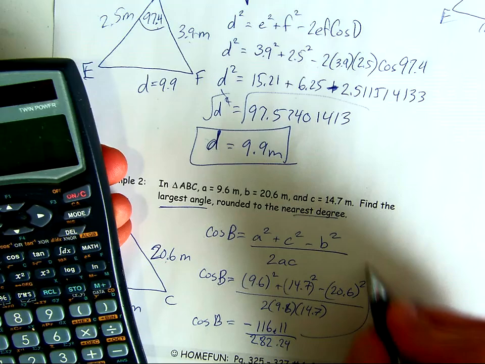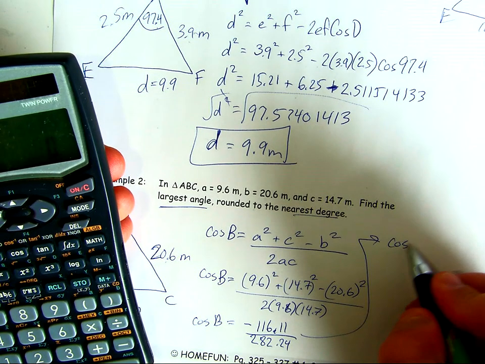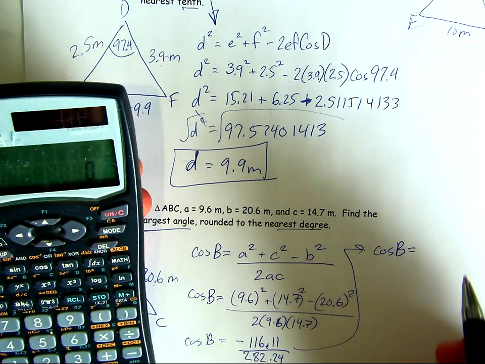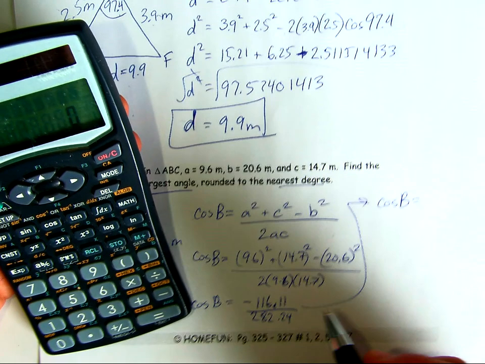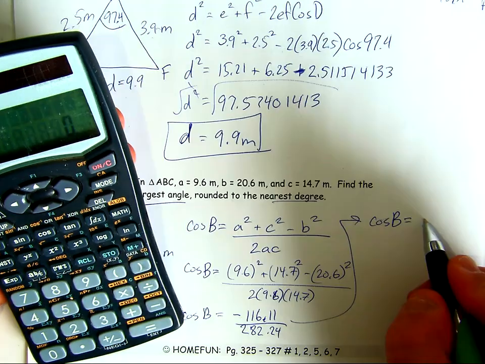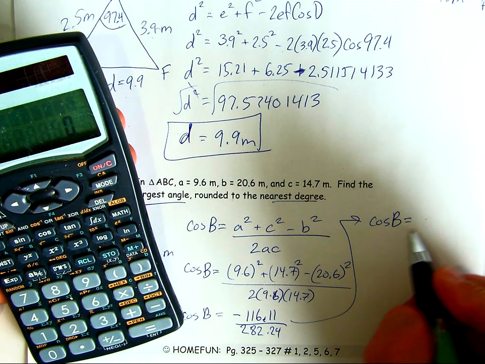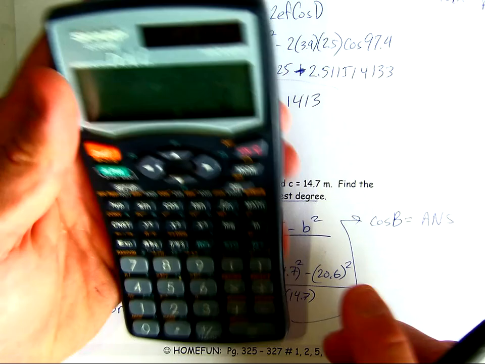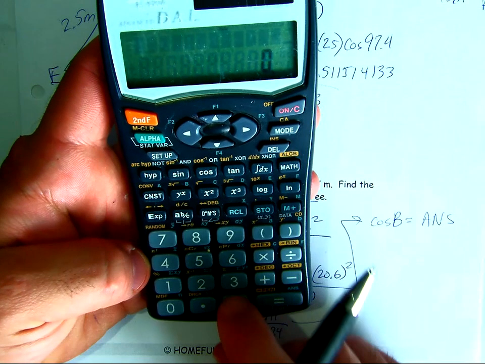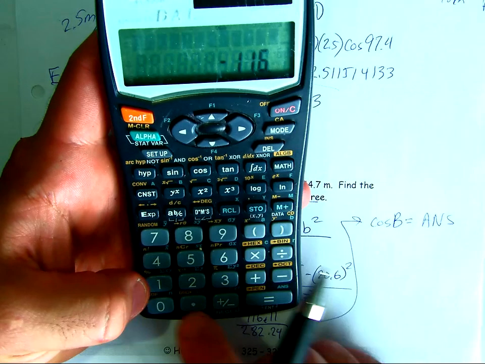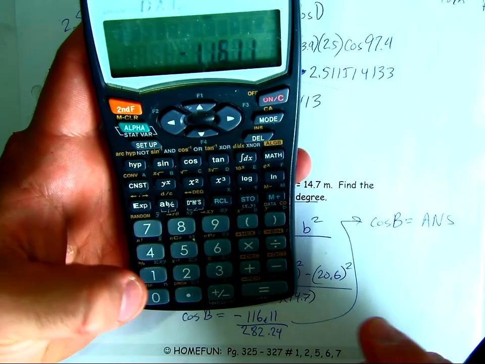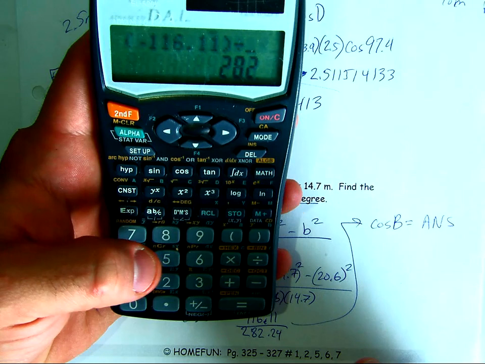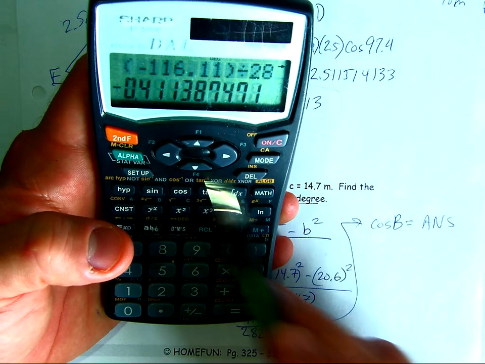Cos of B is equal to, and you can either figure out this number, or you can leave that answer as whatever it is on your calculator. So for me, I'd go negative 116.11 divided by 282.24, and I get some answer. I'm not going to write that, I'll just write answer.